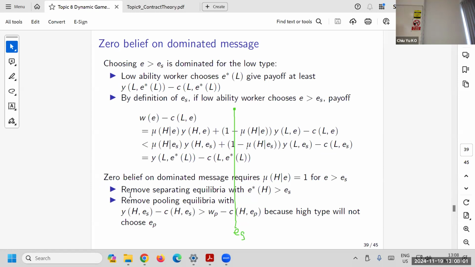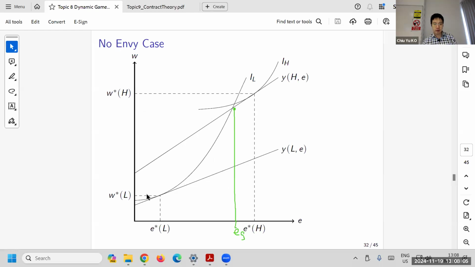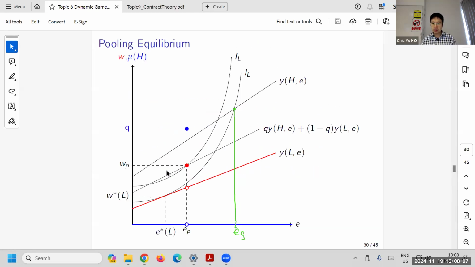Okay. It means that, where we are. Look at the high type indifference curve. Depending on the high type indifference curve, if the high type indifference curve is like this, sorry, it's higher, right?